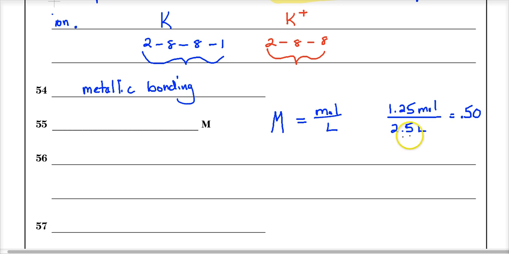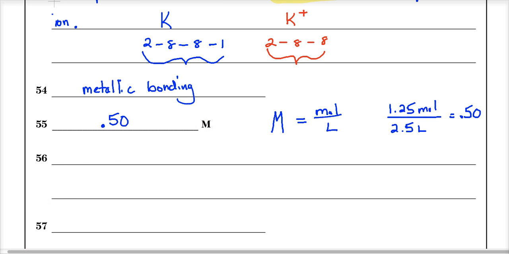The least number of sig figs is 2 here, so 0.50 molar. Now, if you were not to use 0.50, if you wrote 0.5 or 0.500 or any combination, they would still accept it, because they have to tell you if they want the proper number of sig figs. They weren't looking for the work, but it's good practice to show it because there'll possibly be some questions where they're looking just for the work.